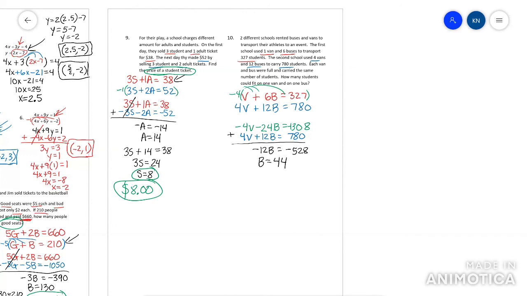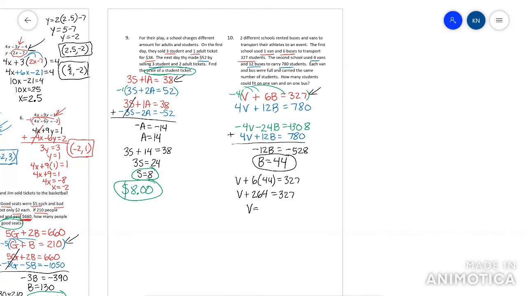Yeah. All right, so now I know b is 44, and then I just choose any equation. I'm just going to choose this top one to plug it into. So it looked like v plus 6 times 44 equals 327. Multiply it out, 264. Subtract 264.